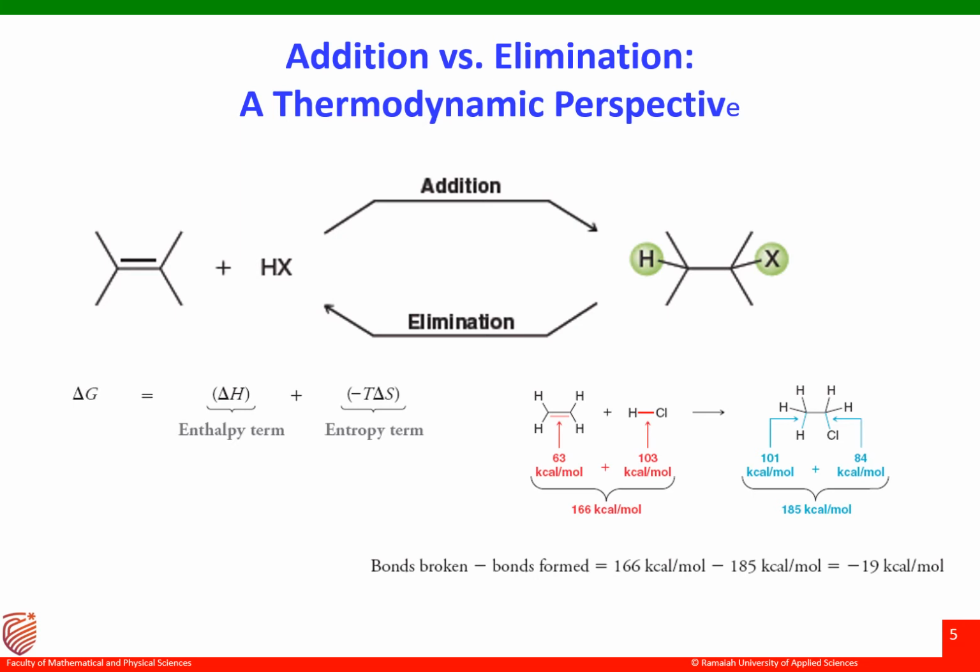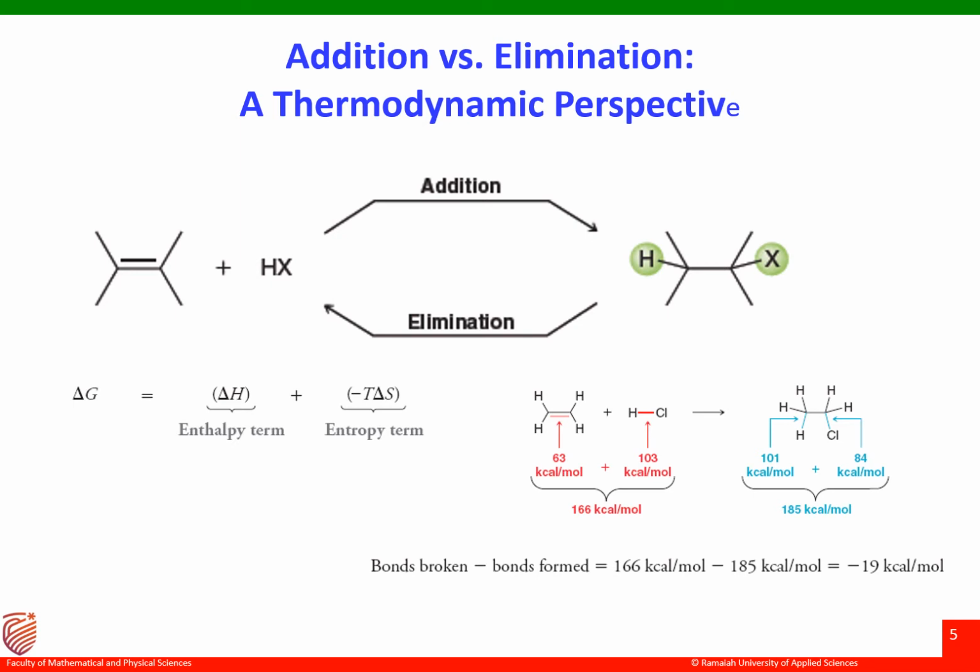Now, addition reactions and elimination reactions to a certain extent go in a reverse way. If we see the forward direction indicating addition, I am adding across one hydrogen and a halide, where X is equal to halide here. But the same product, if I go in the reverse way, gives back my pi bond, which is nothing but an elimination reaction.